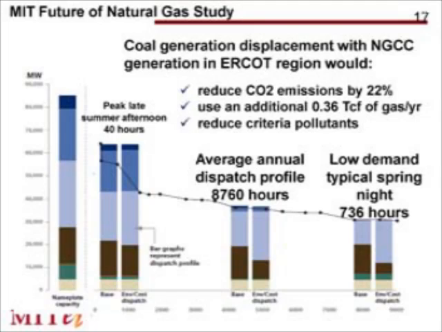The message, obviously, is there are many parts of the country where there is a tremendous amount of substitution available without even any significant capital investment. That's really the message. In fact, when we then run a more detailed model with transmission constraints, et cetera, for ERCOT, since ERCOT is its own country, this is the dispatch curve that we get, and I'll just say that the conclusion is that tomorrow, if you decided to redispatch NGCC ahead of the inefficient coal plants, you could have a 22% reduction of CO2 in the power sector in ERCOT tomorrow.